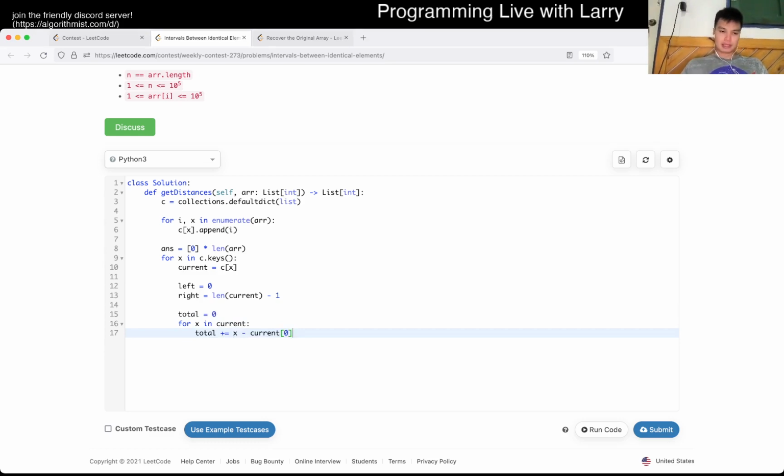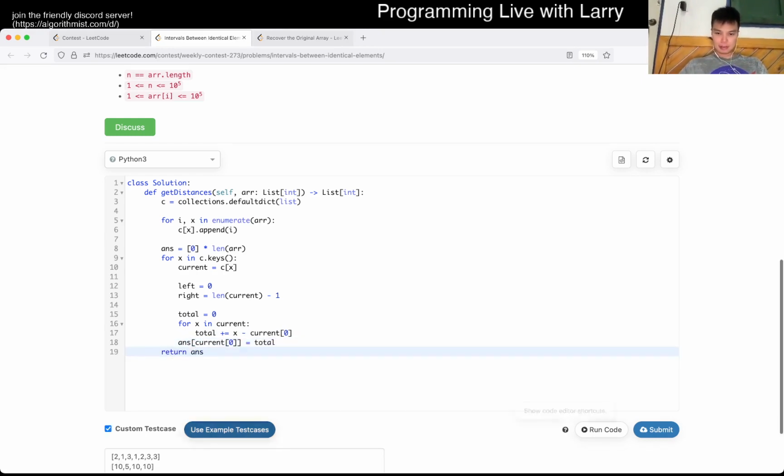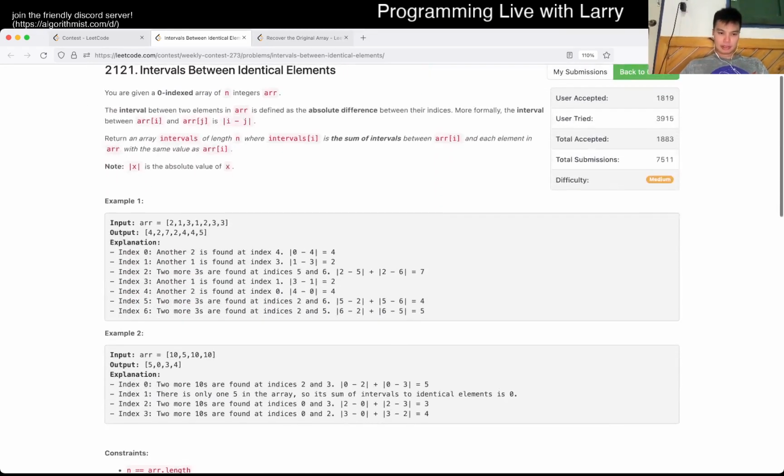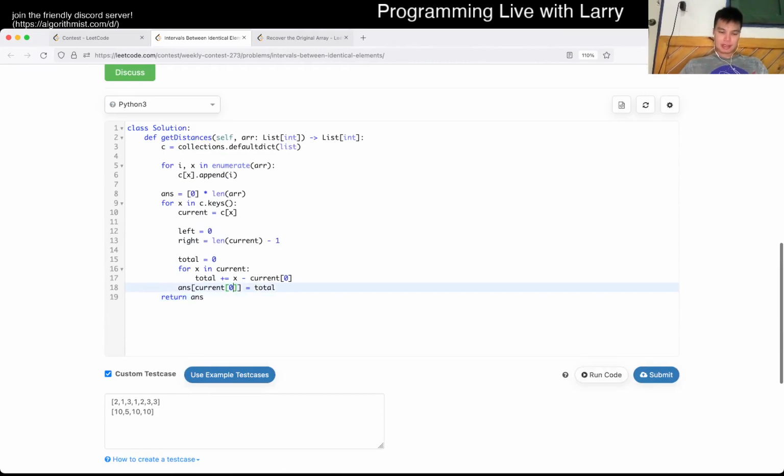I mean, I don't think I need to absolute value that actually. Okay, so this isn't the answer yet, but let me at least validate that it works once. Okay, and the prefix stuff works. Okay, and then now we have to slide.